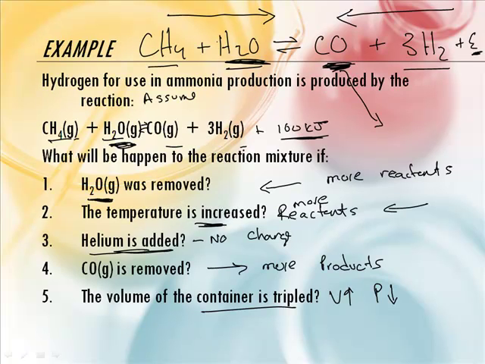This one has 2 on this side and 1 plus 3, or 4. So it'll go to the side with the most moles of gas. So this will shift to the product side. Now, by the way, if you had the same number of moles of gas, 2 and 2 or something like that, you would get no change if you increase or decrease the pressure.